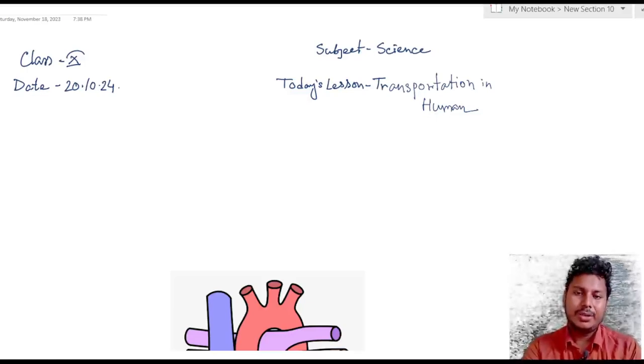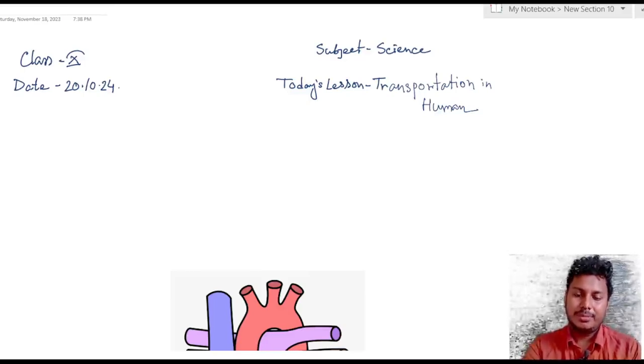Like that, when we take food or oxygen, or carbon dioxide, that also is transported in our body through some mechanism or process. So that is very important.